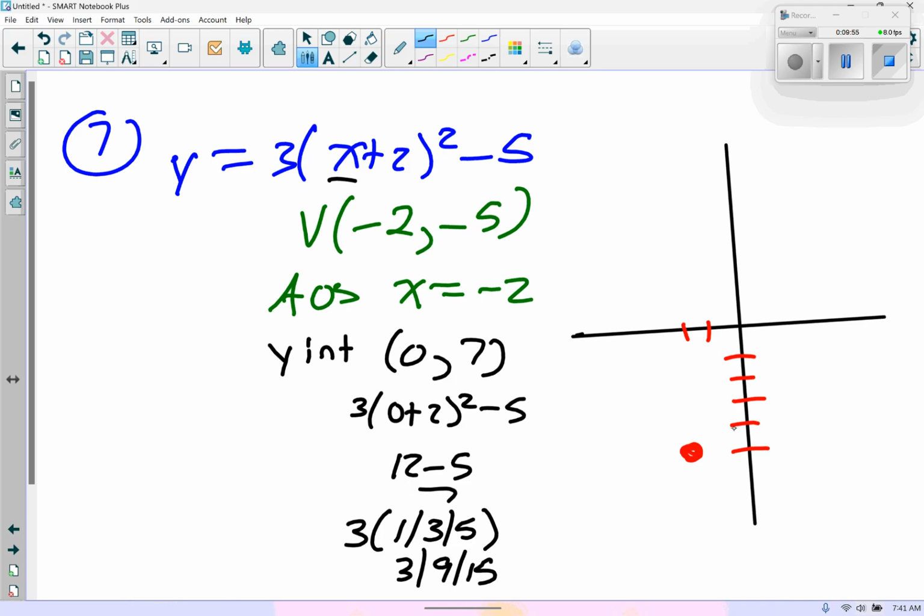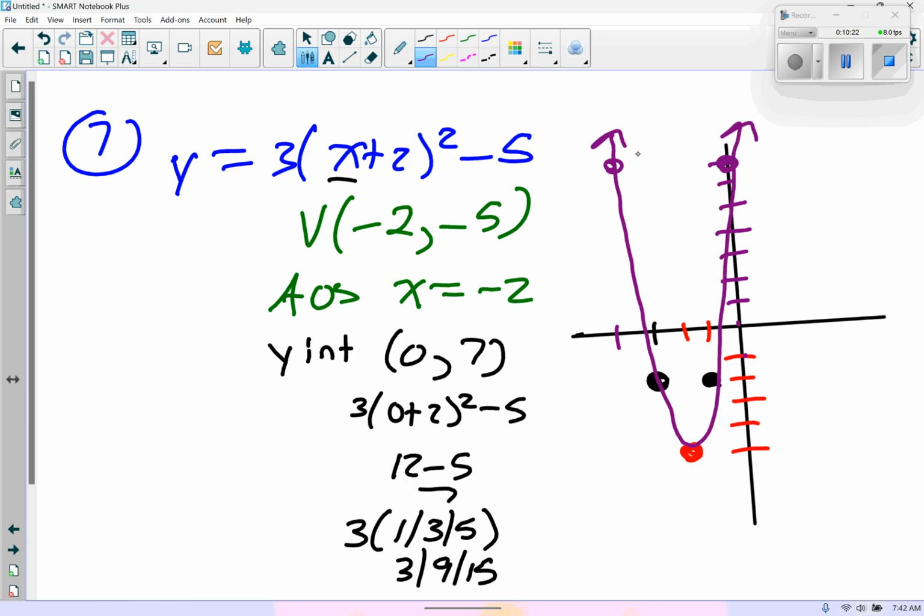So I'm going to go right 1, up 3, left 1, up 3. I can go one more if you wanted. I'm going to go right 1, up 9. 1, 2, 3, 4, 5, 6, 7, 8, 9. That should be up to that 7. So there's enough information to get it done.